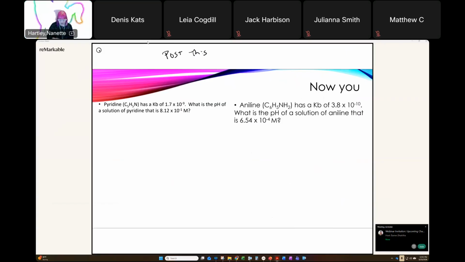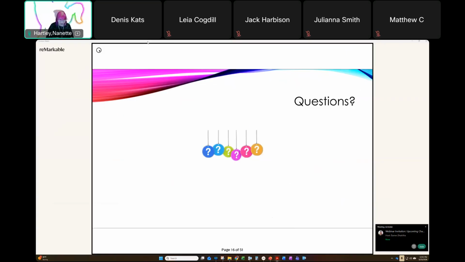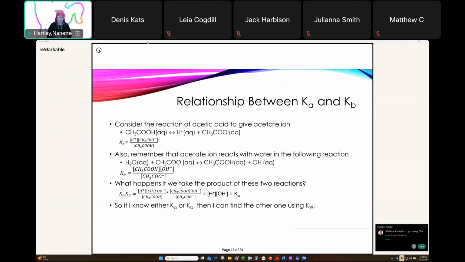Now, the next thing I want to talk about, and it's important before we start talking about buffers, which we'll get to the next time, is that there's a relationship between Ka and Kb. So if we consider the reaction with acetic acid, CH3COOH, it breaks down to give me an H plus and a CH3COO minus. We've been talking about that. That's the reaction for the acetate ion, and that gives me this Ka.